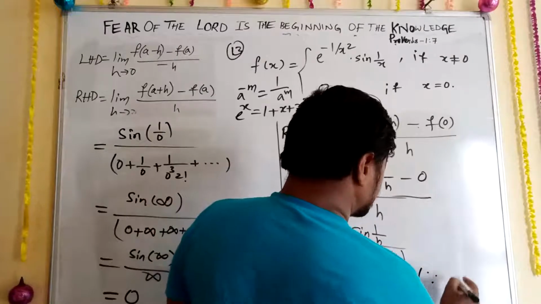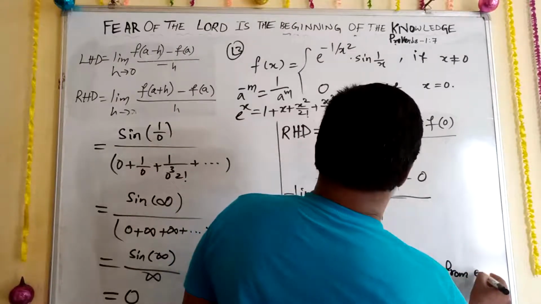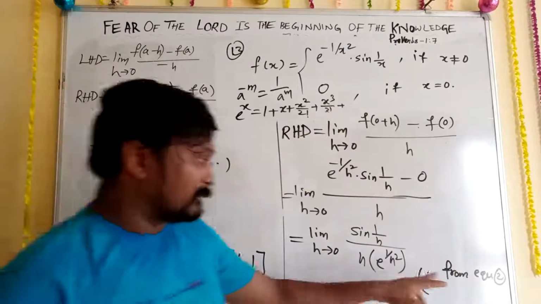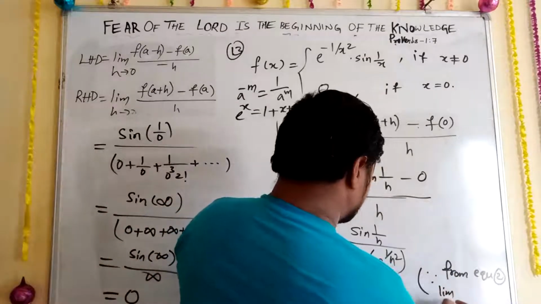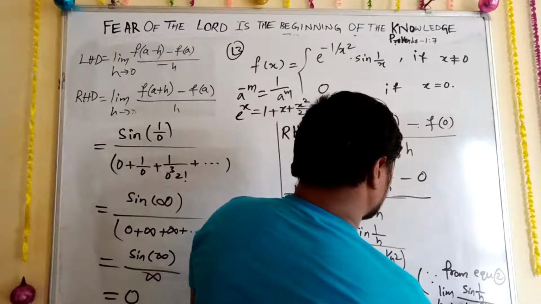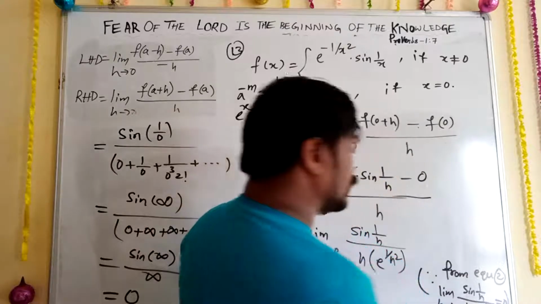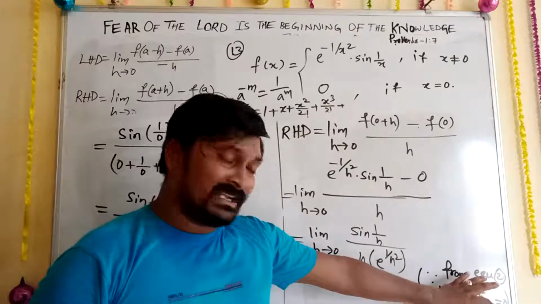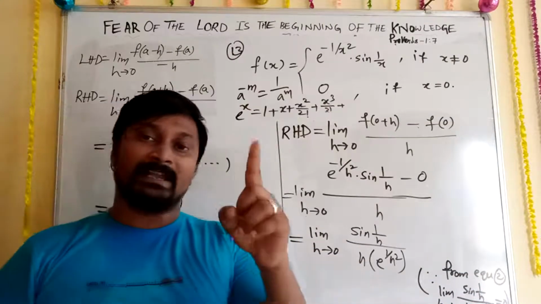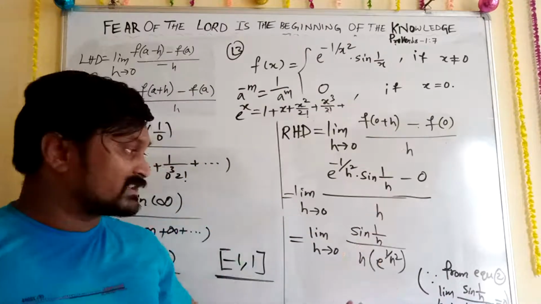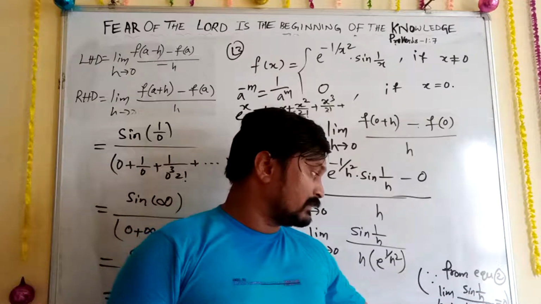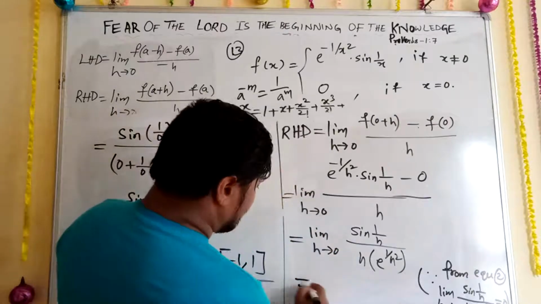Directly you can write, since from equation 2, which is answered previously, limit h tends to 0 sine 1 upon h into e power 1 upon h square is equal to 0. Because in equation number 2 we solved and expanded everything. One time we need to expand enough, second time no need to expand. Directly you write limit h tends to 0 sine 1 upon h into e power 1 upon h square is equal to 0.